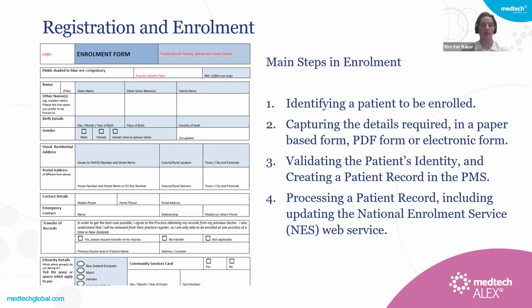So Medtech 32 or Medtech Evolution, or if you're using a different practice management software. Finally, processing the patient's record, including updating the NES web service with the information that you've captured from the patient. So the question raised is, how can we improve the process for both practices and patients through this enrolment process?